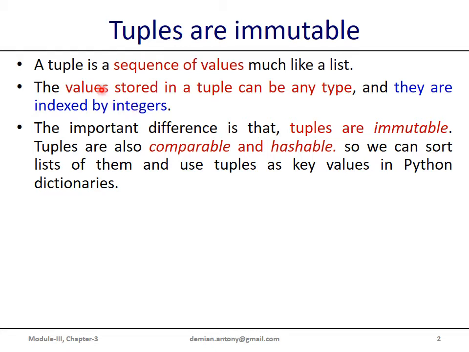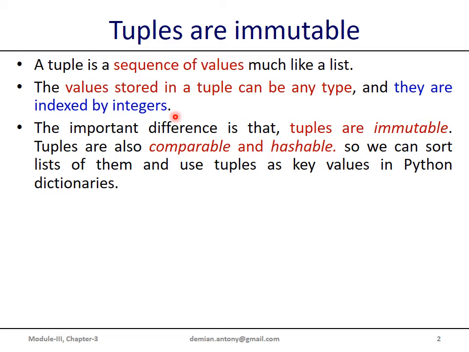As I said, a tuple is a sequence of values, much like a list, and we can store different types of elements in a single tuple, and all these elements are indexed by integers or an expression which results in an integer value.